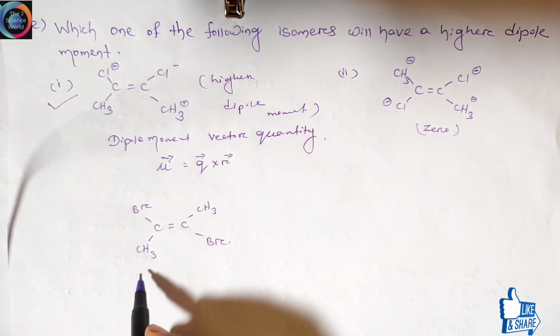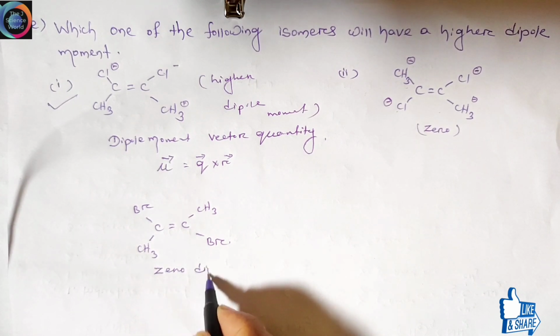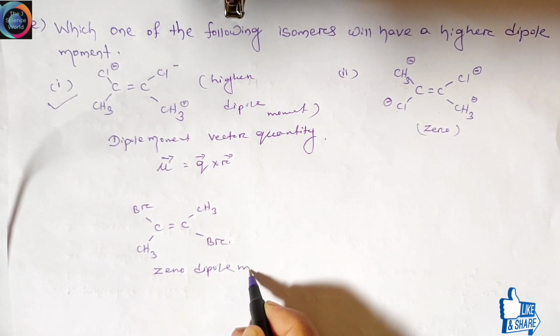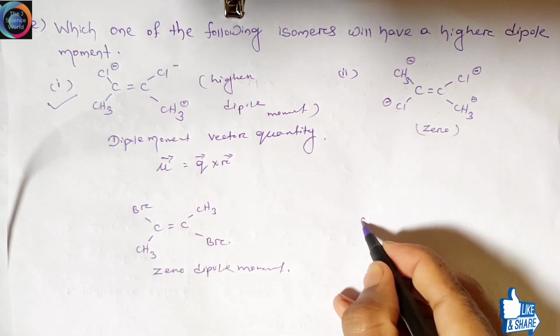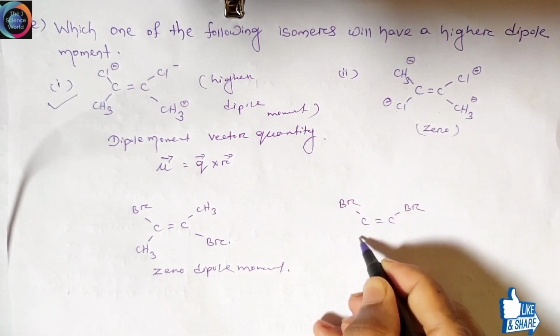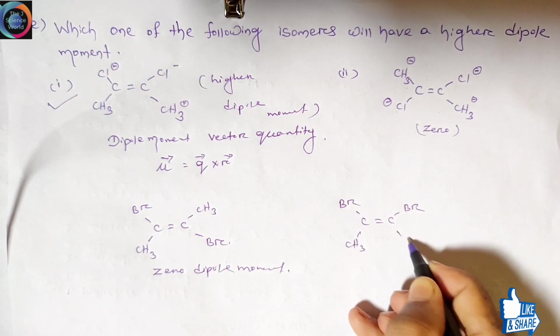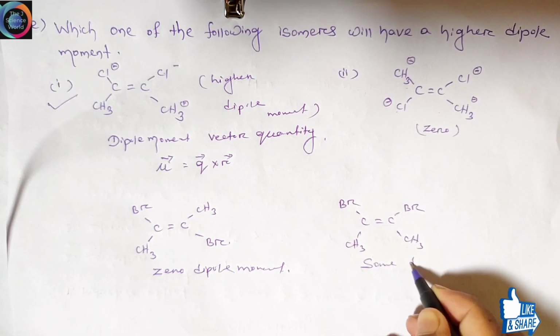So friends, this is zero dipole moment. Similarly, when the two bromine atoms are on the same side of these carbon atoms, some dipole moment is present.